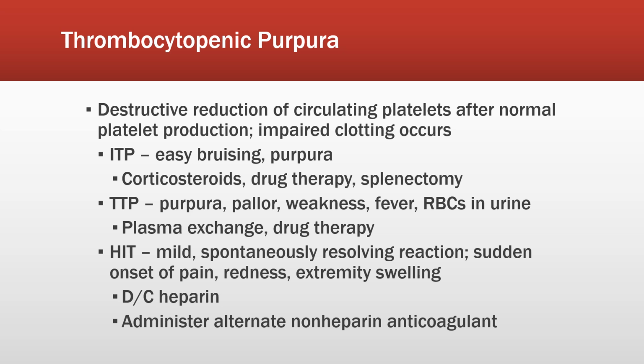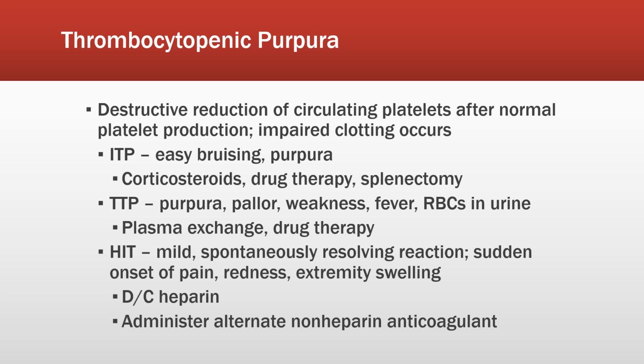This is a condition that can be acquired or it can be inherited. Risk factors for TTP can be other autoimmune diseases. What are some of the diagnostics?